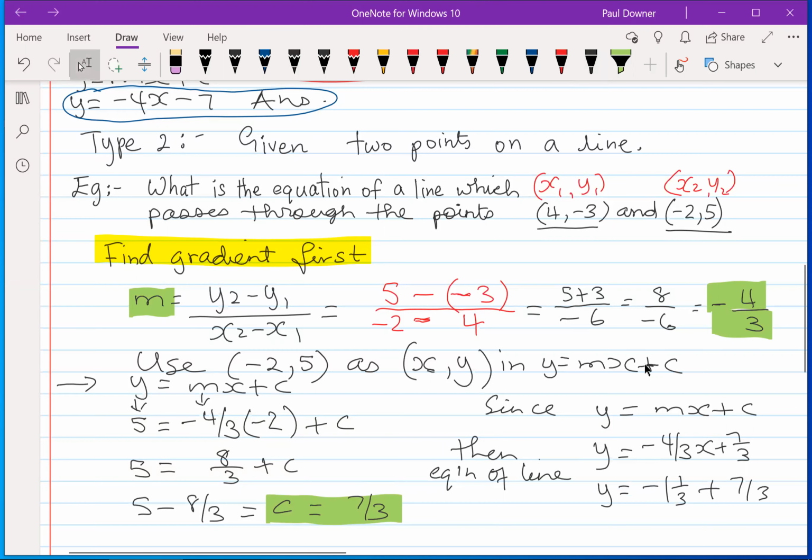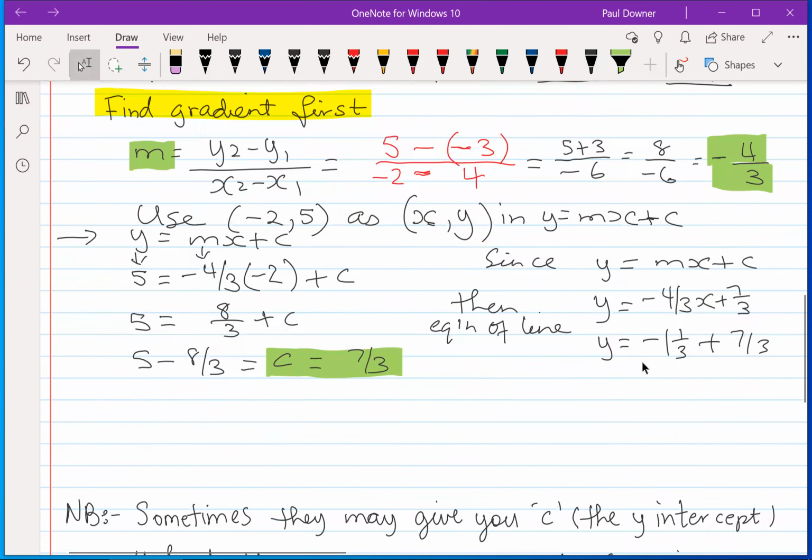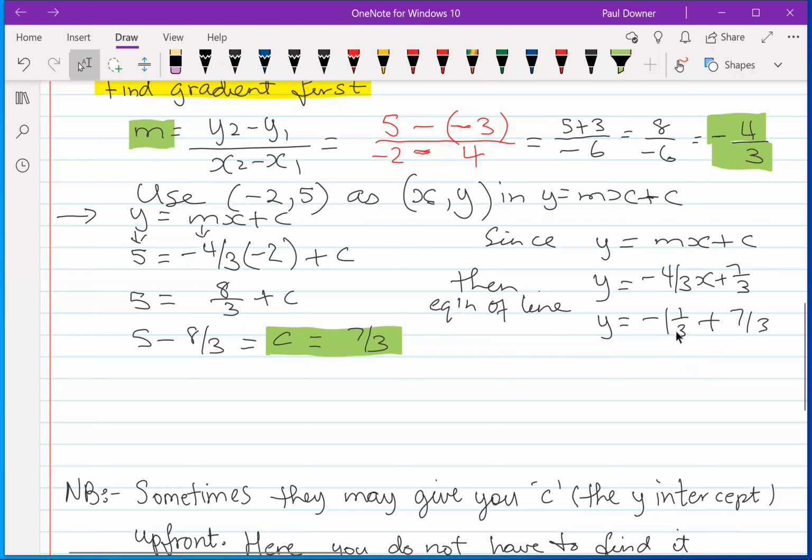Okay, and then sometimes in your exam, they might give you this as an option that I'm going to tell you, and you would have to be able to recognize that this and what I'm going to write down here, 3y is equal to -4x plus 7, are representing the same line.